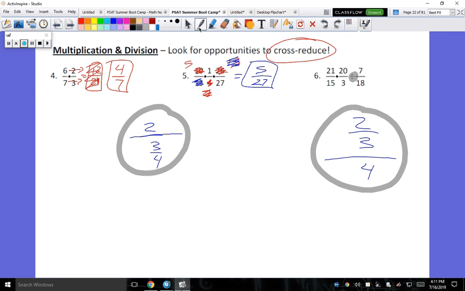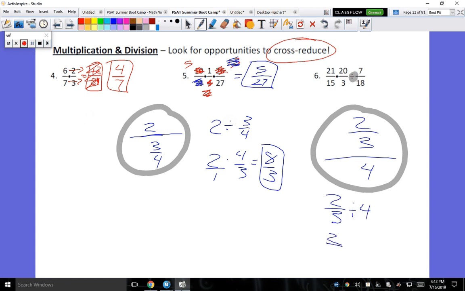This is 2 divided by 3/4. Okay? Which would be 2 times 4/3, which nothing reduces. This is 8/3. Over here is 2/3 divided by 4, which is the same as multiplying by 1/4, which would reduce this to 2, which is 1/6.